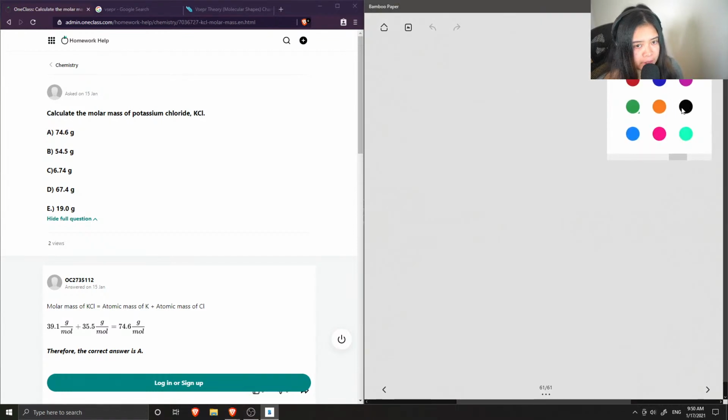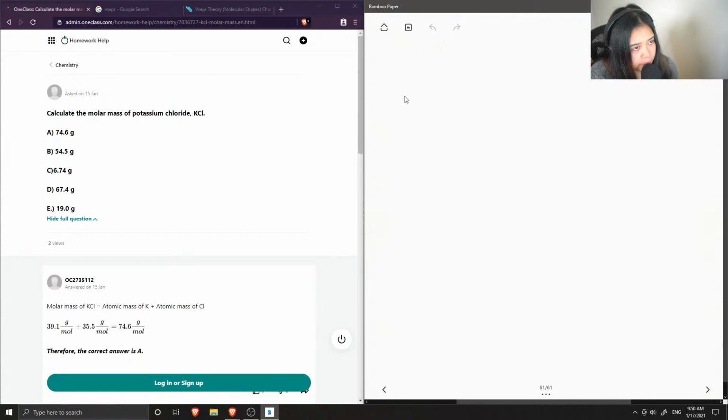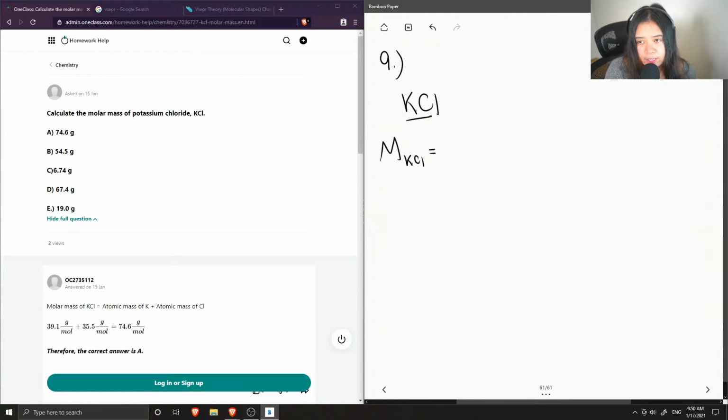Okay, so question number 9 is just to calculate the molar mass of potassium chloride, which is KCl. So to find the molar mass of potassium chloride, we'd need to find the individual masses of both potassium and chlorine. So these values are just found on your periodic table.